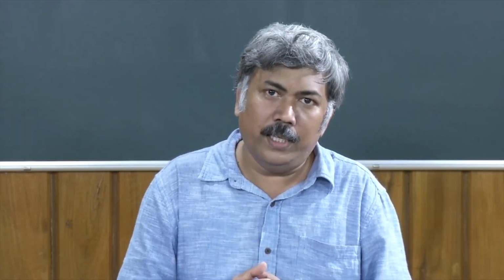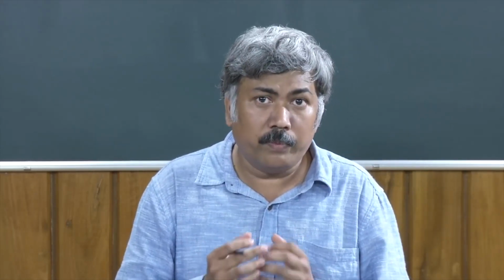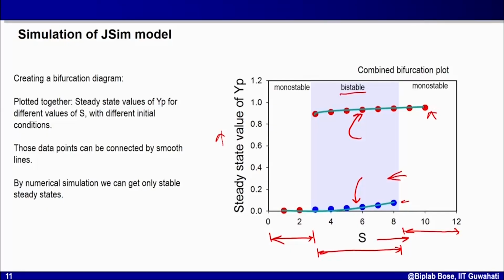So what I have got here is a partial bifurcation plot. I call it partial because, remember, both the steady states are actually stable. If you compare with a real bifurcation plot, the way I drew it a few slides back, you have another dotted line somewhere here which represents unstable steady states.